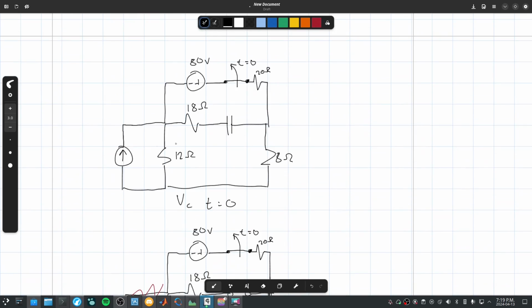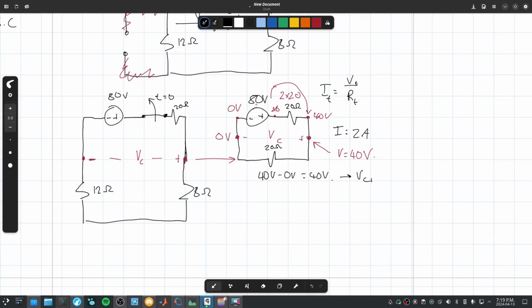Now we need to do the current source. Where are we getting 40 volts from? We start with 80 volts. So we start here with 0. This is our ground. We come across the voltage source to 80 volts. And then using V equals IR, we could determine that the current is 2 amps, right? Total voltage divided by total resistance.